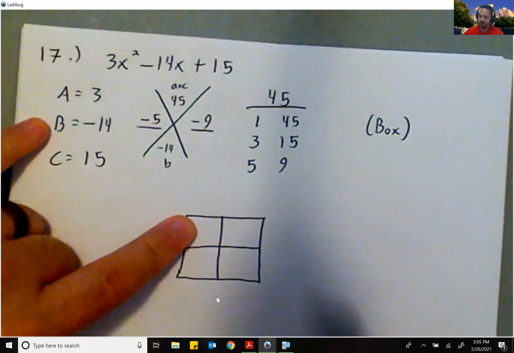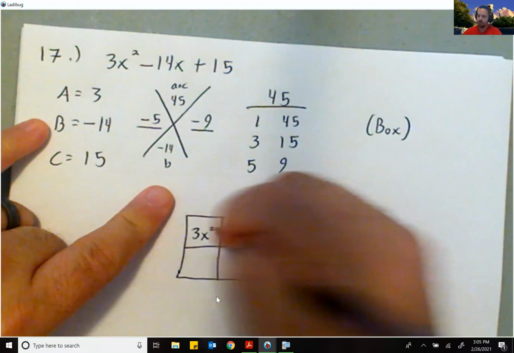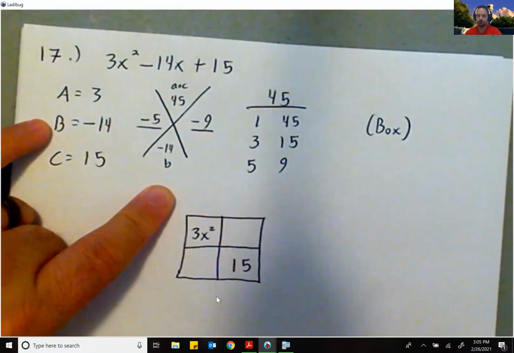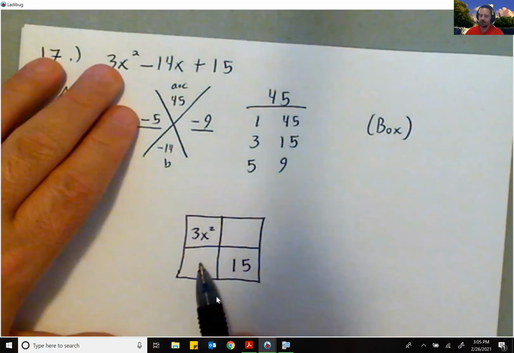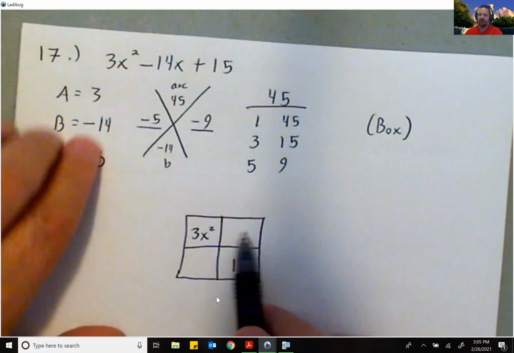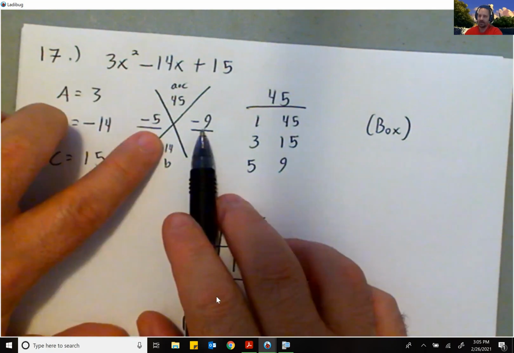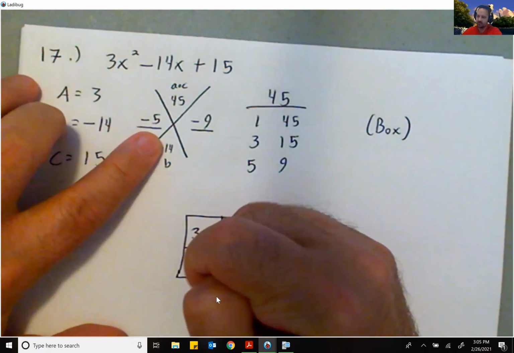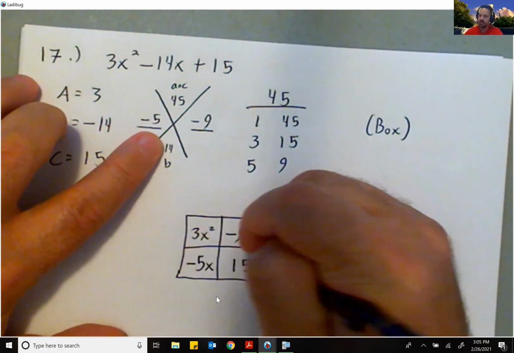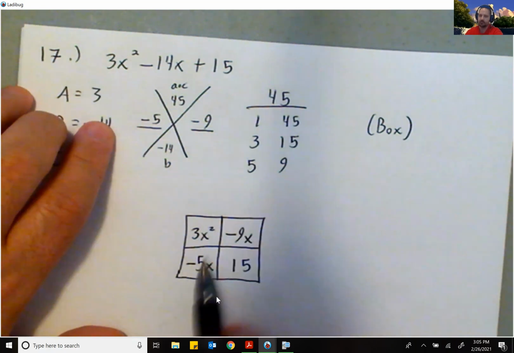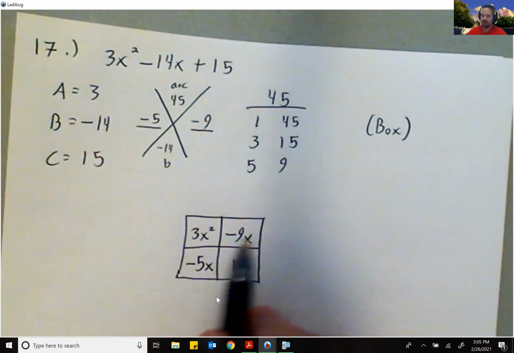So this is going to be 3x squared, and this is going to be my 15. The bottom left and the top right boxes get what we found from the X games: negative 5x, negative 9x. It doesn't matter which one goes where. So there's the setup.